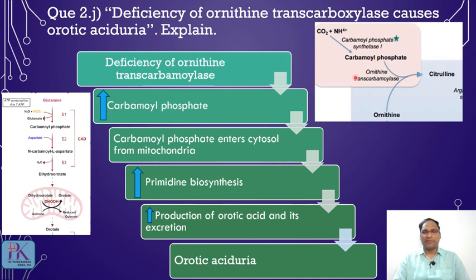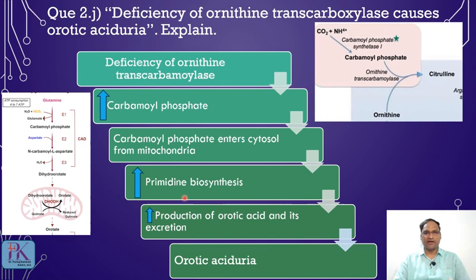What if ornithine transcarbamylase is deficient? The amount of carbamyl phosphate will increase. The increased carbamyl phosphate will go from the mitochondria to the cytosol, where it will take part in the formation of pyrimidine. So pyrimidine nucleotide synthesis will be increased.